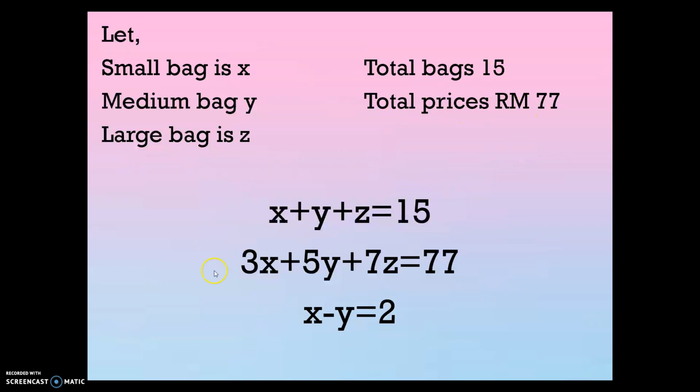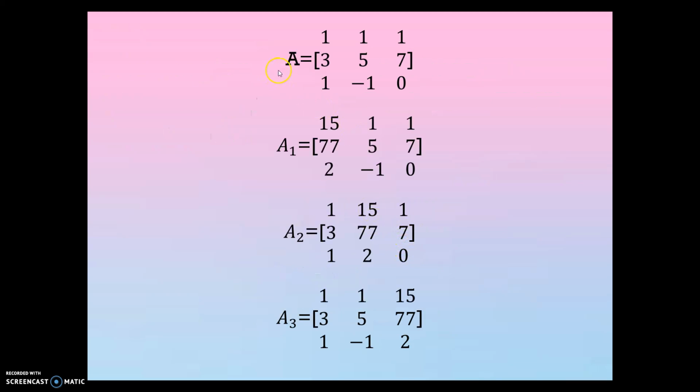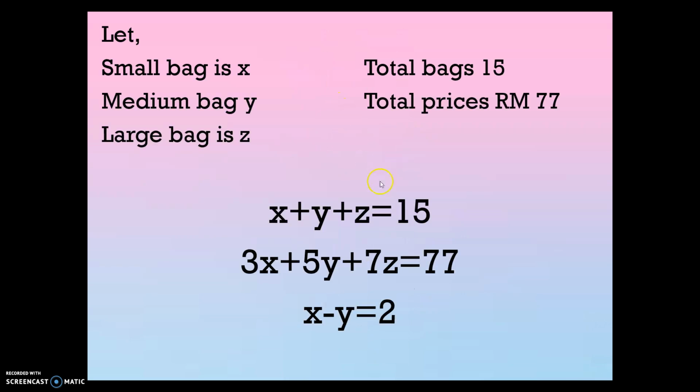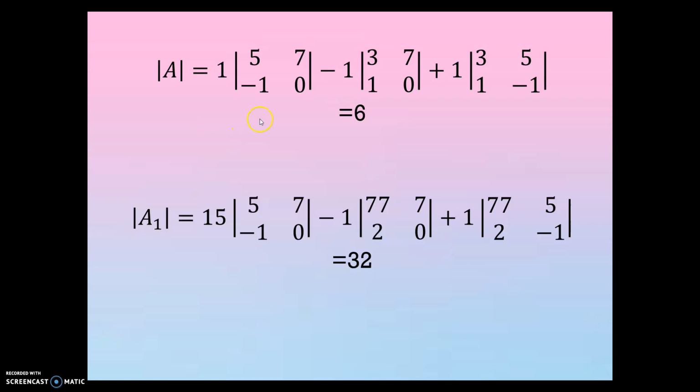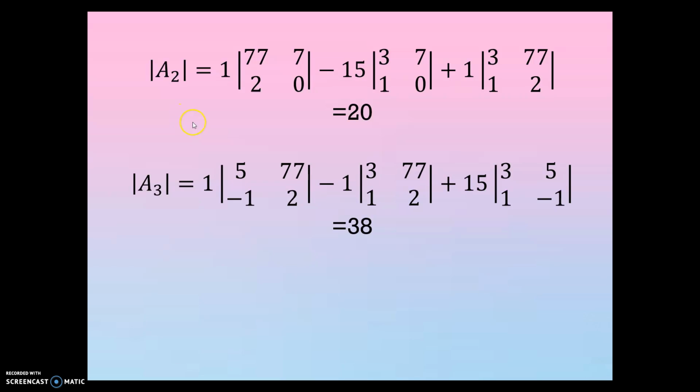So this is the normal equation that we have for the 3 variables with the answer, and we apply Cramer's rule, so that for the matrix A, which is for x, y, and z, when we look for the answer for variable x, we replace the constant in the x variable, and so on for y and also z. So we find the determinant for matrix A, A1, A2, and also A3.